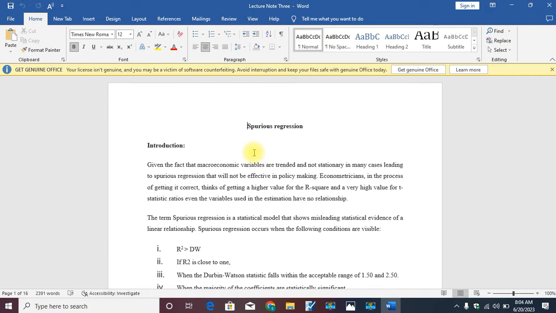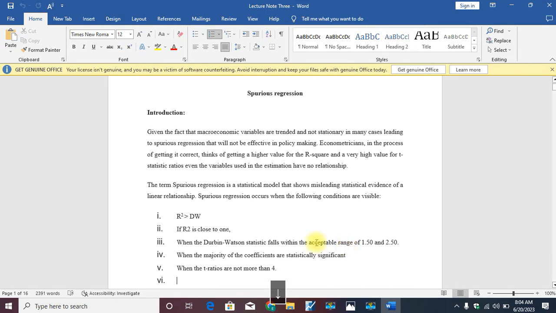So today I'm going to expose to you what spurious regression means and how it will be detected in a regression result. So basically, you know that time series data are trended and non-stationary in many cases, and that leads to what they call spurious regression.